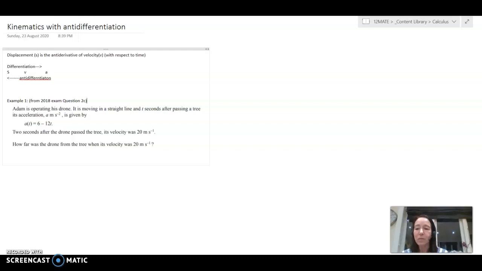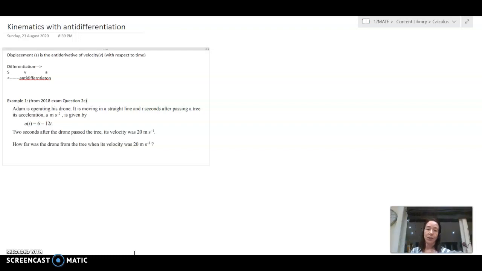So I have got a question from the 2018 exam, and I thought we could do that one. So Adam is operating his drone. It is moving in a straight line in t seconds after passing a tree. Its acceleration in meters per second is given by A of t is equal to 6 minus 12t.